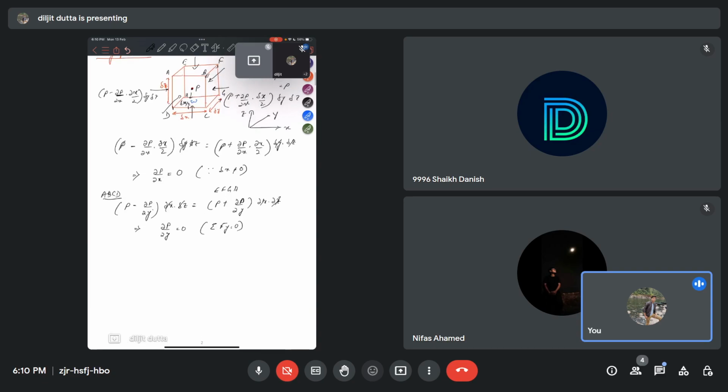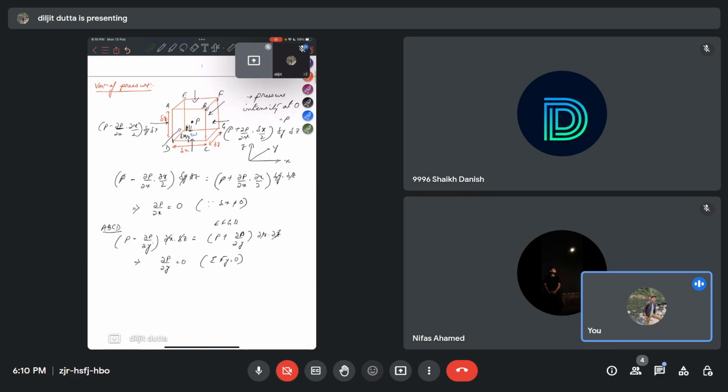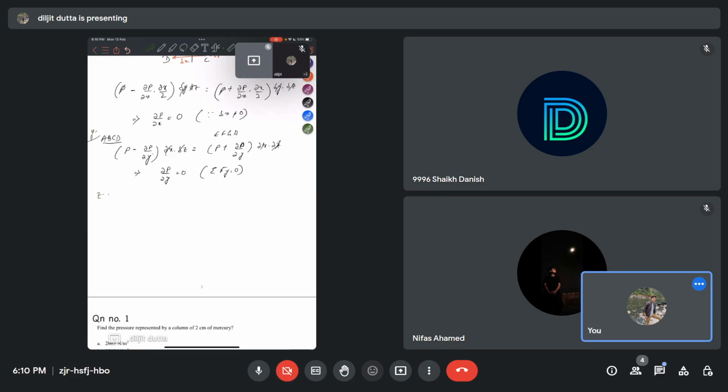Now coming to the z direction, that is surface ABFE and surface DCGH. What will that be? Also remember, while taking the forces in the z direction, we also have to consider the weight W. So this is the x direction, this is y, and now the z direction.